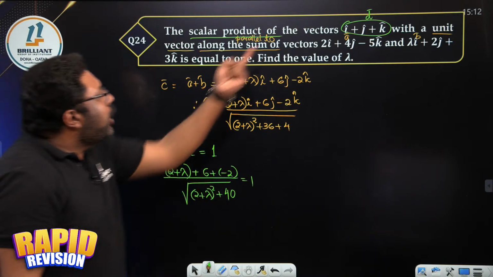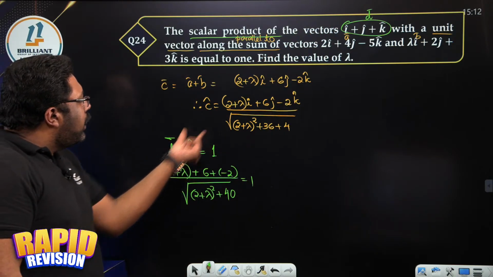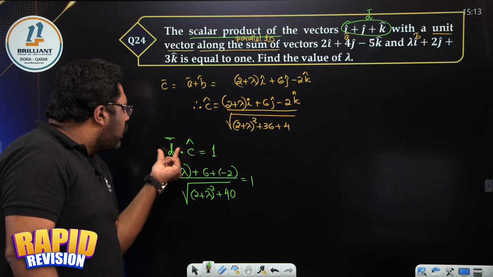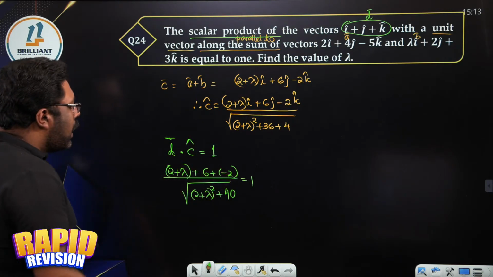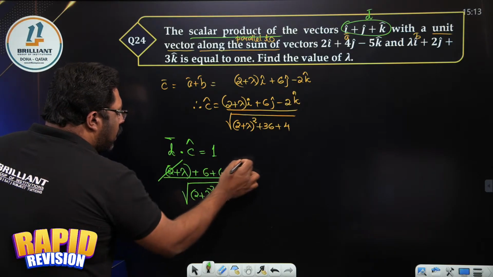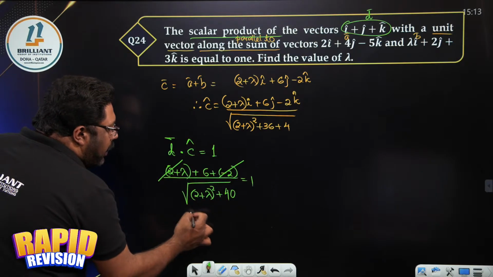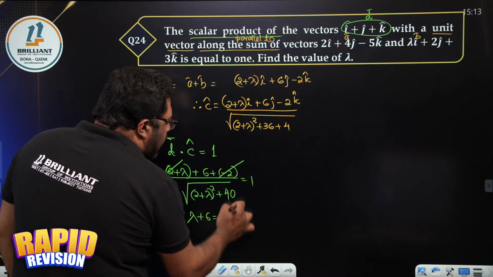Got it? The dot product between D and C cap is 1. So I took the dot product of the C cap with D and I got it in terms of lambda, pure scalar. So simplify it. 2 and minus 2 will cancel, so you get lambda plus 6. Take this to the other side.